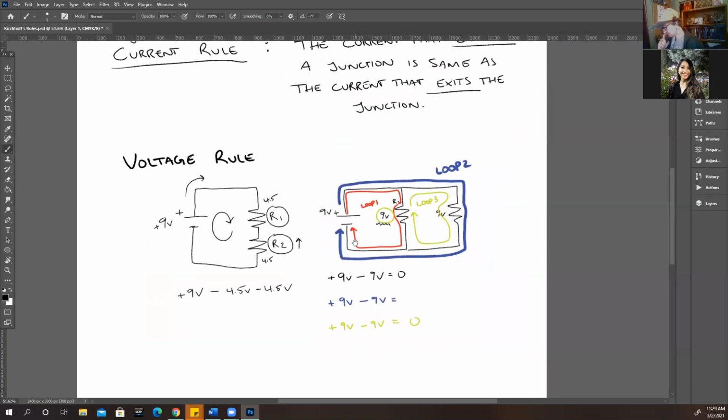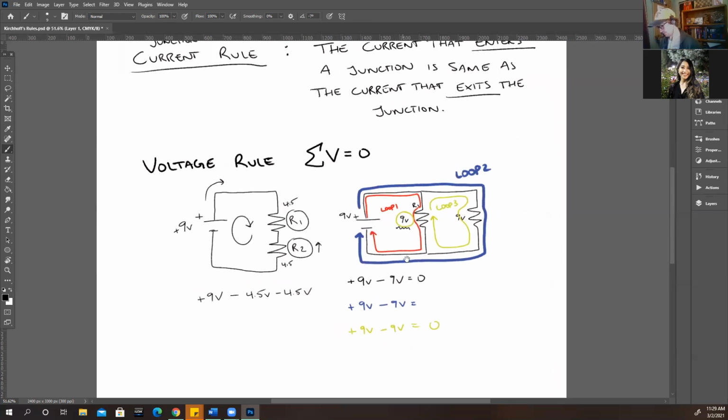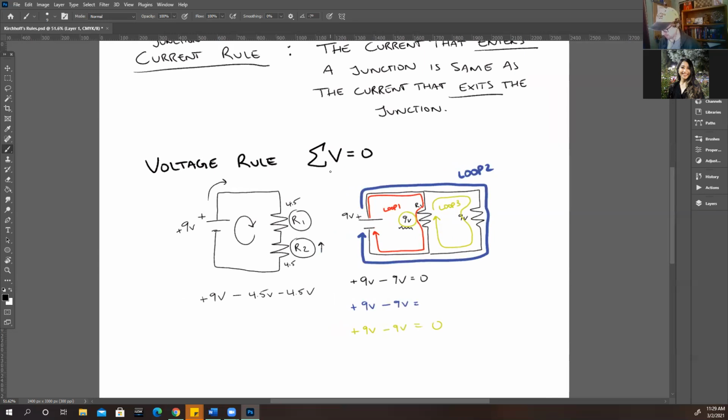If you see it written somewhere fancy in a math term, it is like this. It is this summation sign. The sum of all voltages is equal to 0. That just means if you add up all of the voltages, similar to how I did down here, it equals 0.